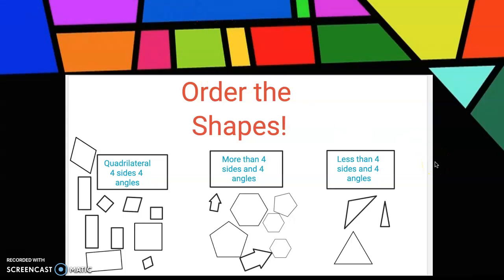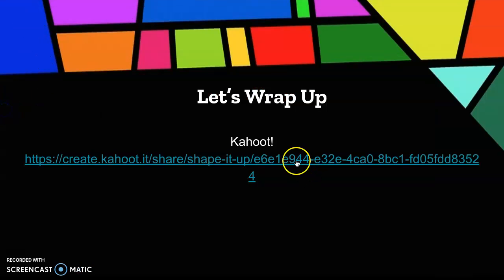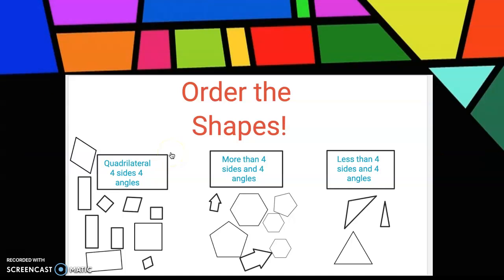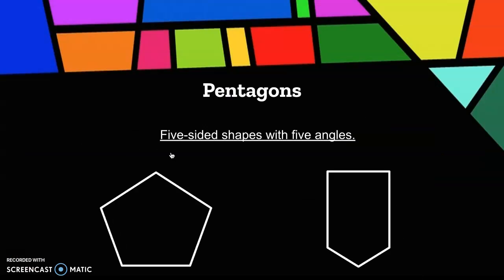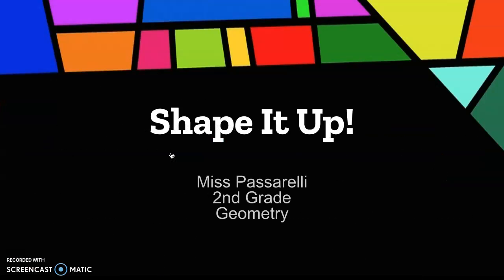All right, so let's close up our lesson. Remember the Jamboard we did earlier, right? So, we're going to look at how we can fix it to see if we did it correctly.